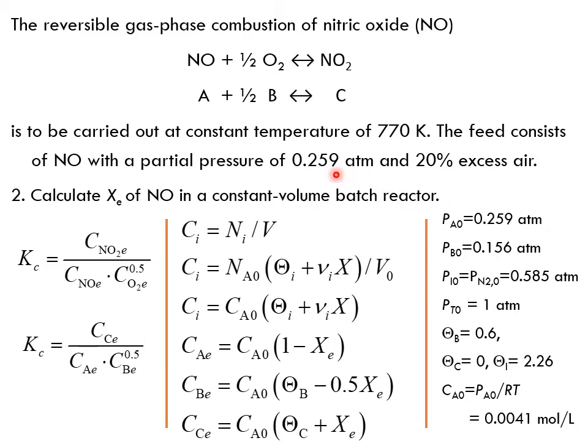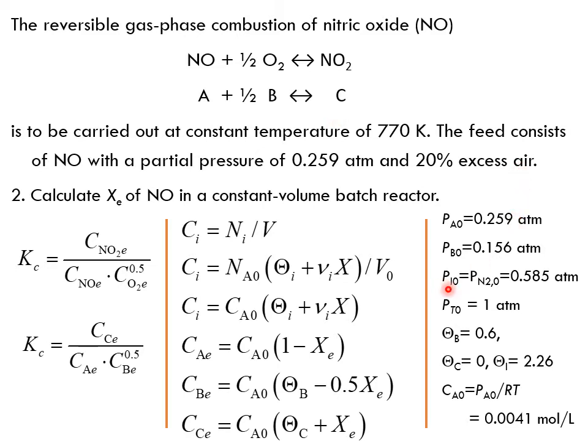Basically, if this is the partial pressure of NO, then the theoretical partial pressure of oxygen should be half of this. However, you're not providing a stoichiometric quantity, you're providing 20% excess air. So you take this value, multiply it by half, and then multiply it by 1.2. So you get this, and then of course oxygen comes along with nitrogen in air.